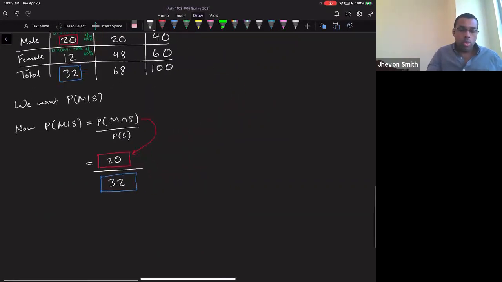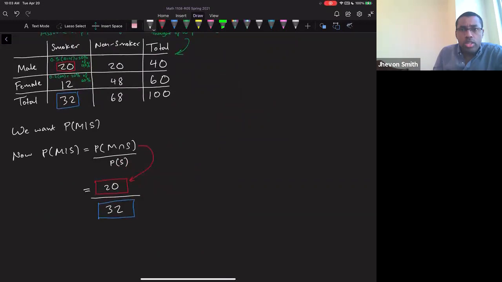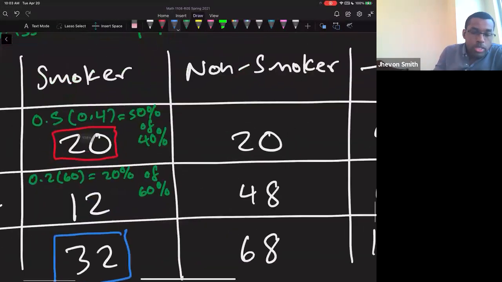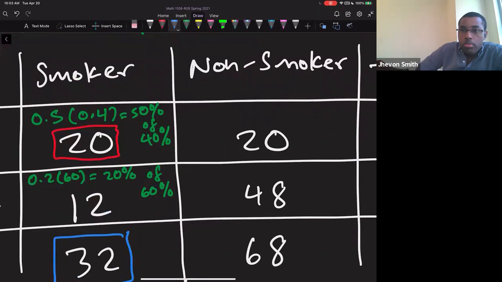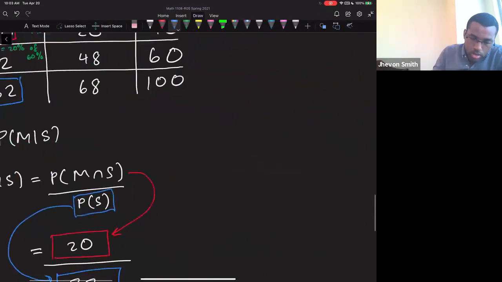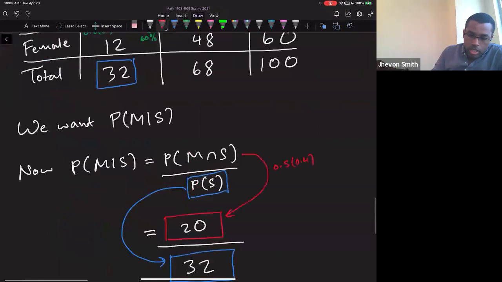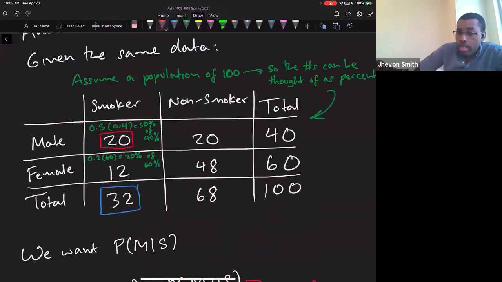Now, I want you to appreciate something. Where did that 32 come from? And where did that come from? I want you to realize that the 20 came from us multiplying the 0.5 times the 0.4. So this was the 0.5 times the 0.4. And that's what gave us the 20. Now, if you look at the smokers, what gave us that? That's 32. Where did that 32 come from?